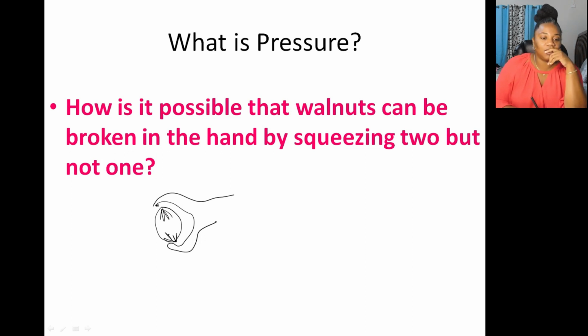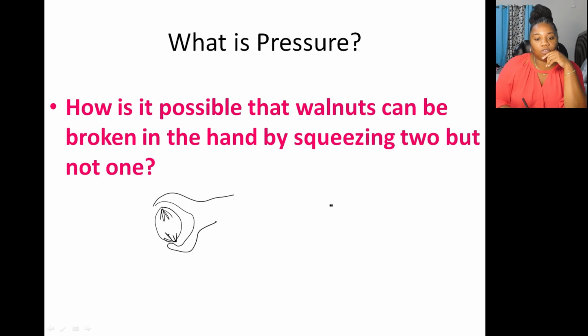We have a hand here and we're trying to crush it. Well, it's not gonna crush, right? It's not gonna crush because the surface area is really broad up here and down here and all around here. So the force exerted on that surface area, the area is just too large, right?